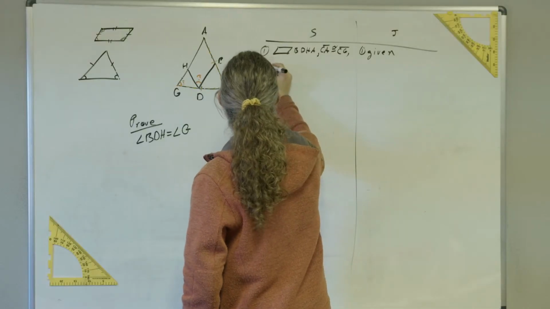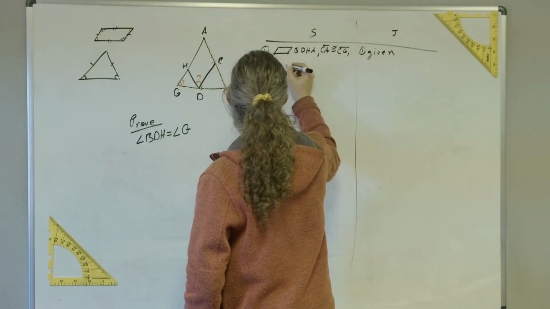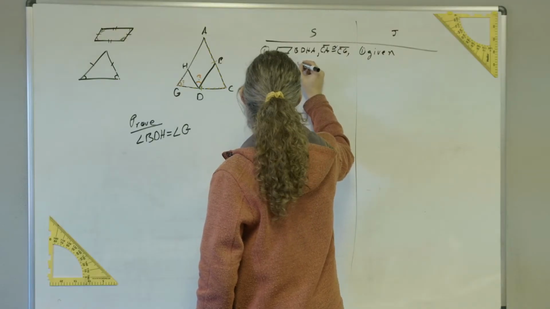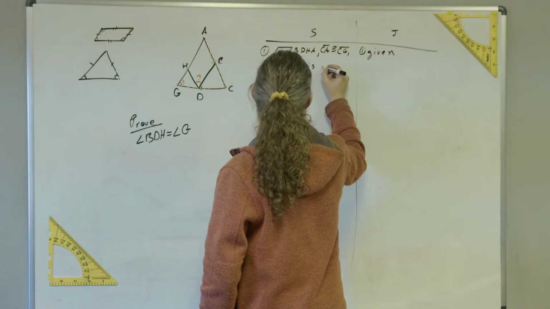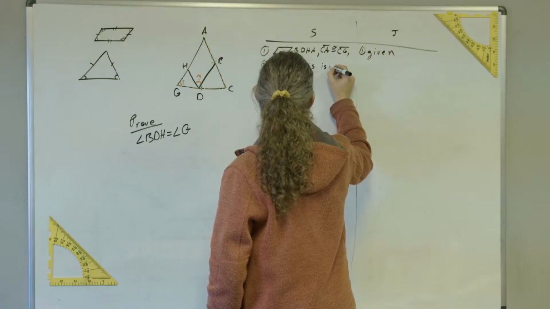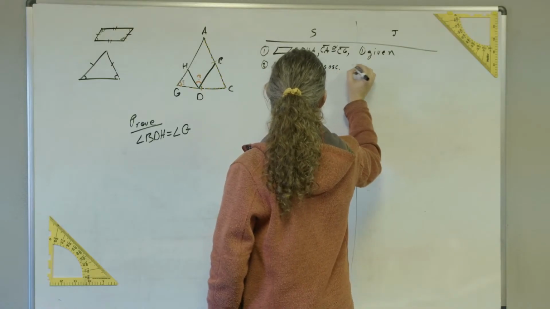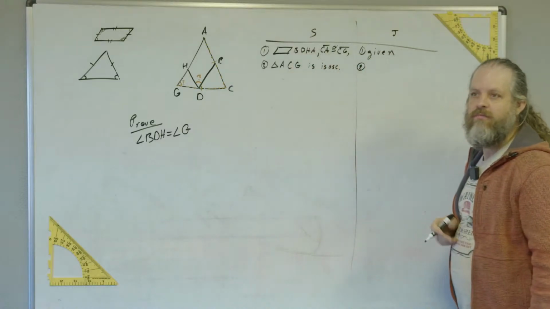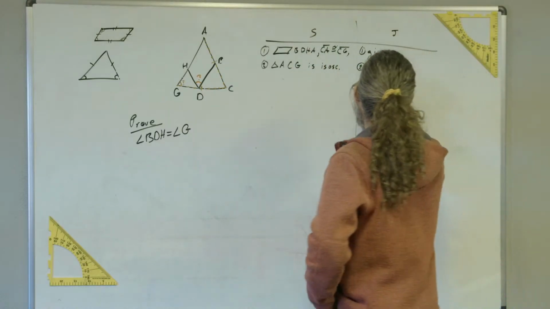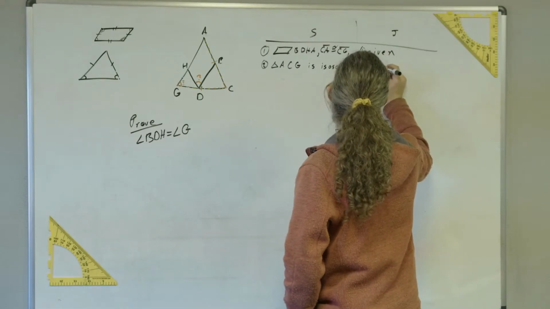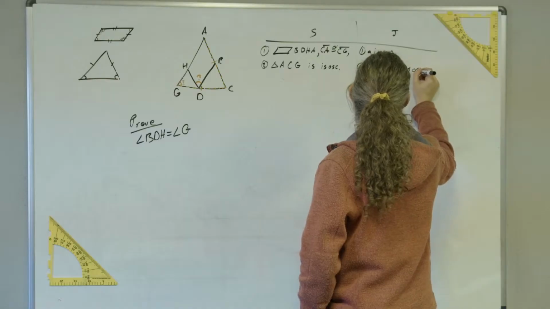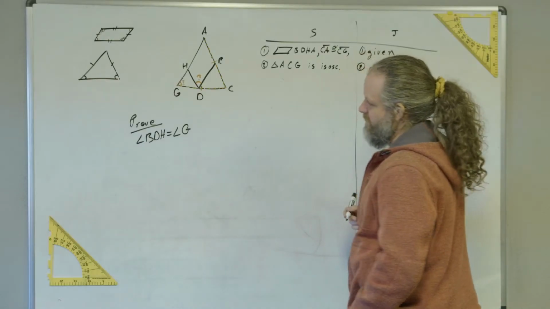So we can say that triangle ACG is isosceles. Because why? Well, let's just say that. Definition, yeah. I gave it to us earlier. Definition of isosceles. Great.